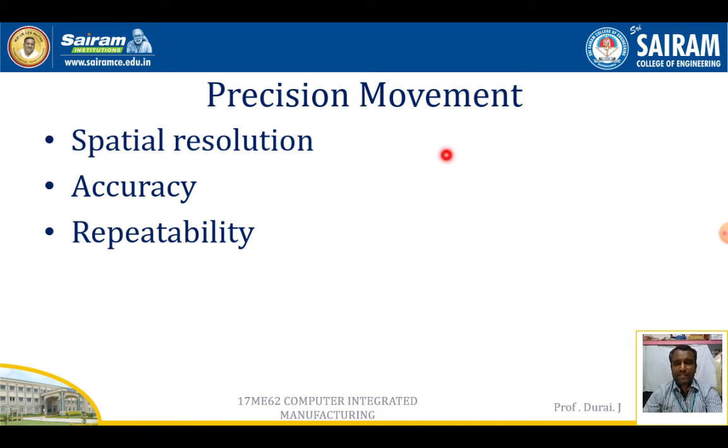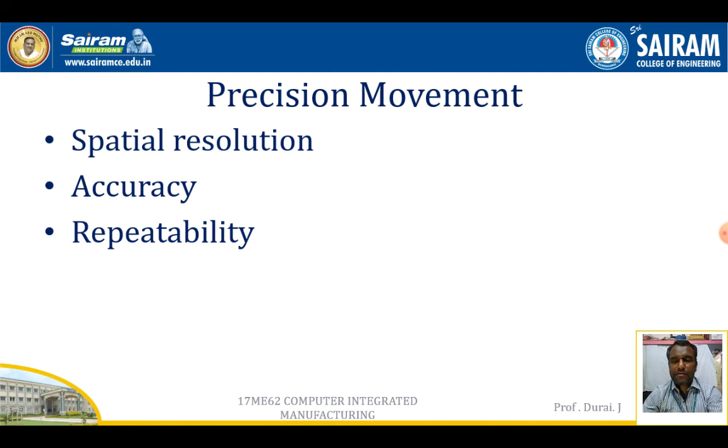Suppose this is the fixed point. The end effector is going to take the component from here and has to go to a particular target point, but the end effector only moves nearer to the target point. That is called spatial resolution.